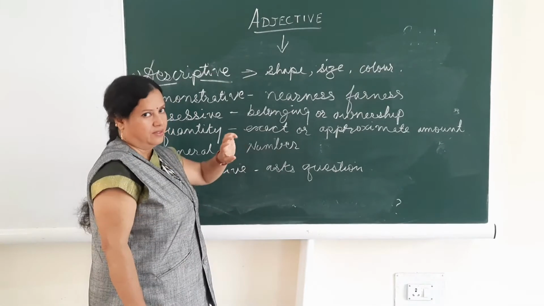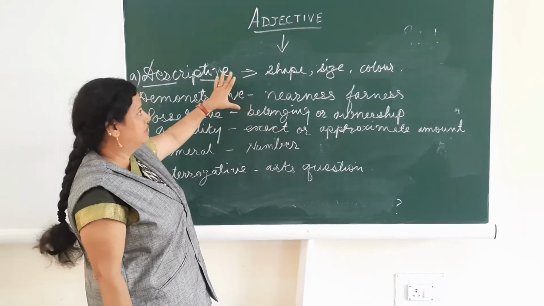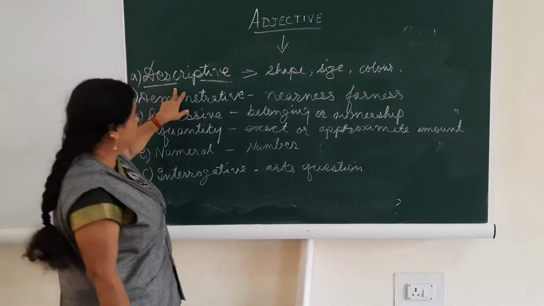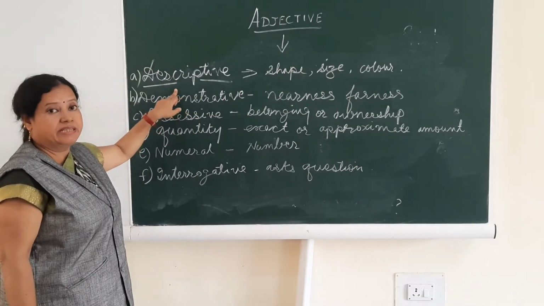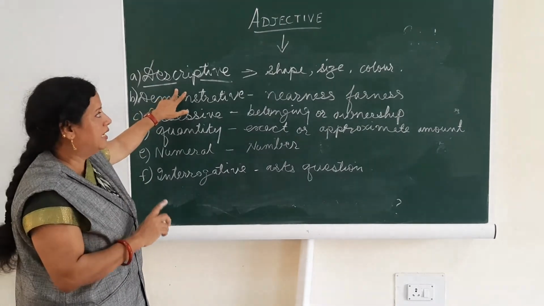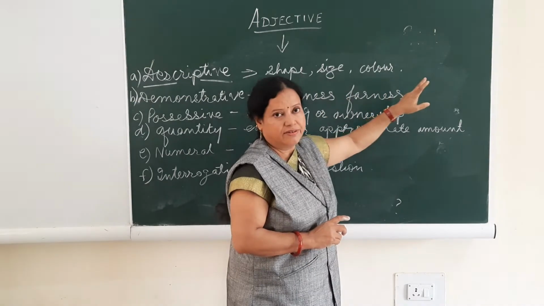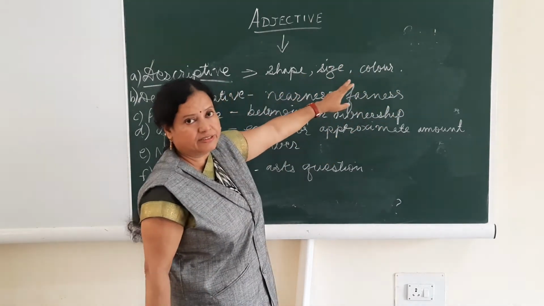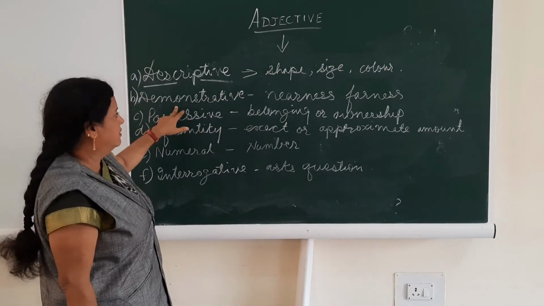Hope you understood, children. Okay, let's revise once again whatever we read till now. What is descriptive? This adjective describes shape, size, color, etc. Now let's come to demonstrative.